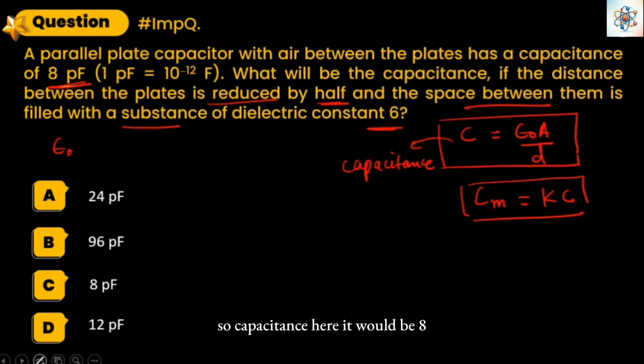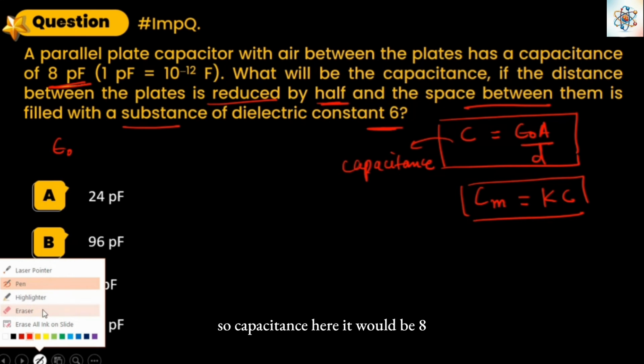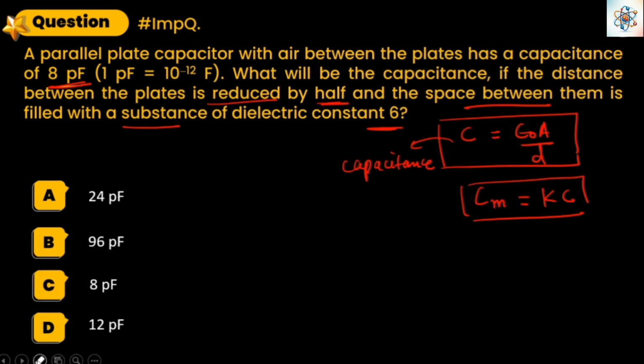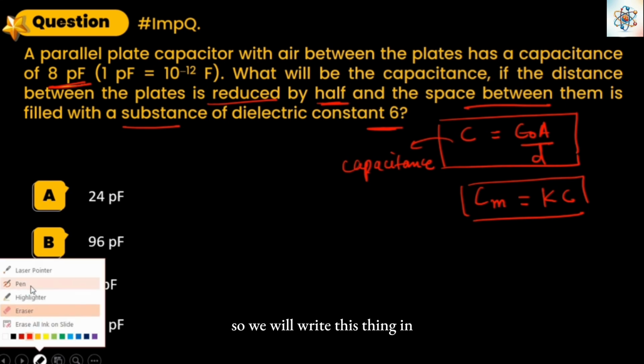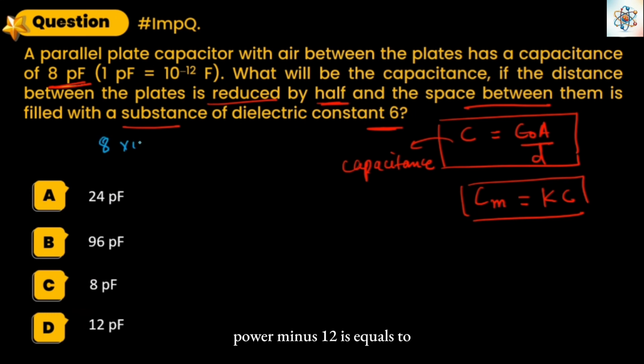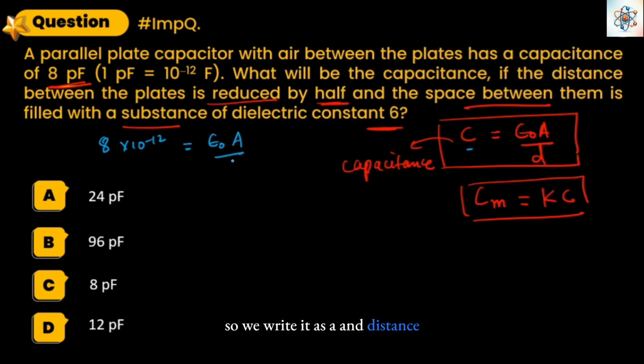So capacitance here would be 8 picofarad, which is given. So we will write this thing in this way, like 8 into 10 to the power minus 12 is equal to epsilon naught. We don't know the area, so we write it as A, and distance between the plates as D only.